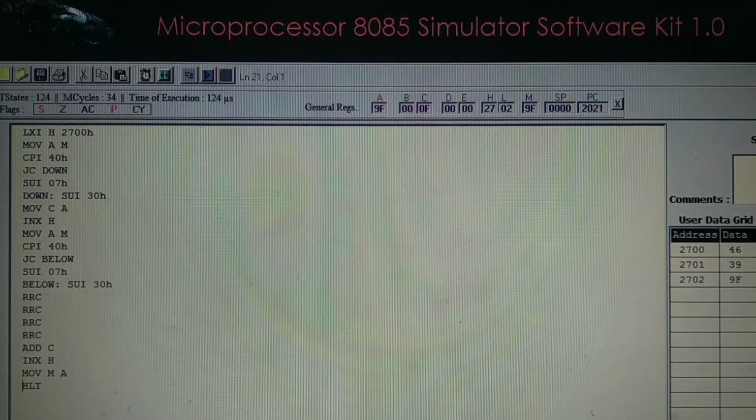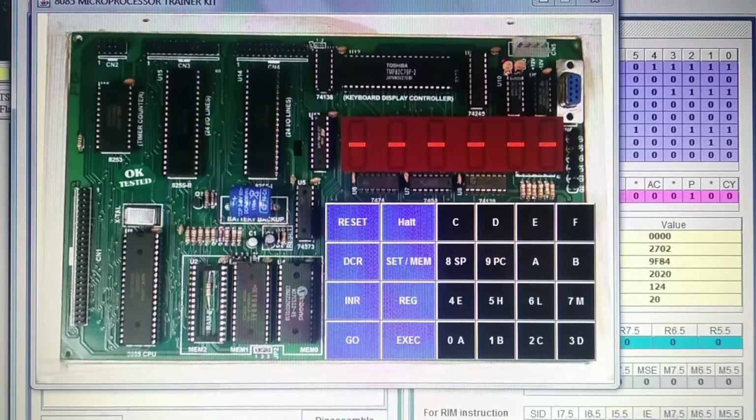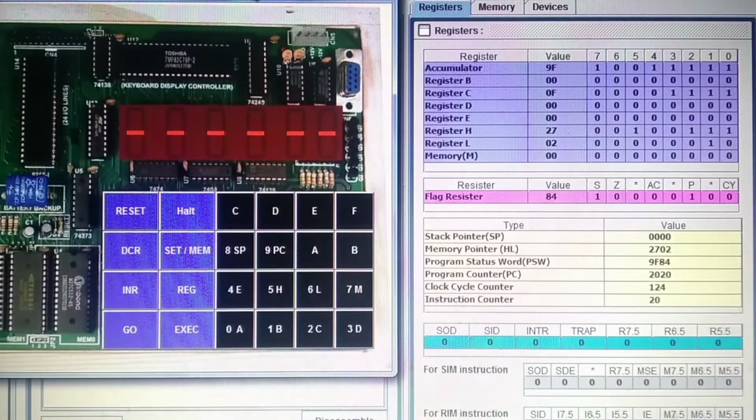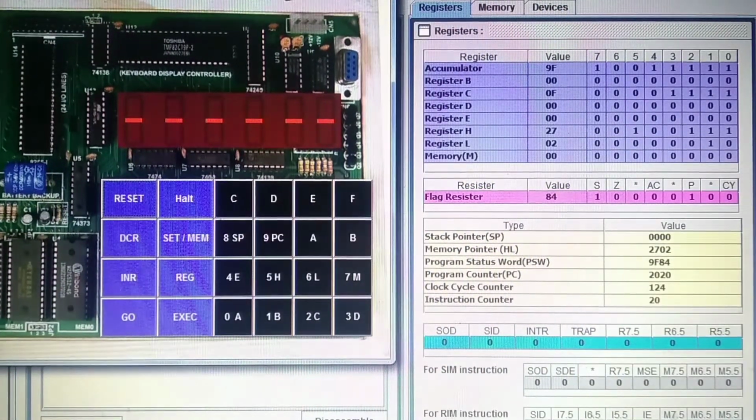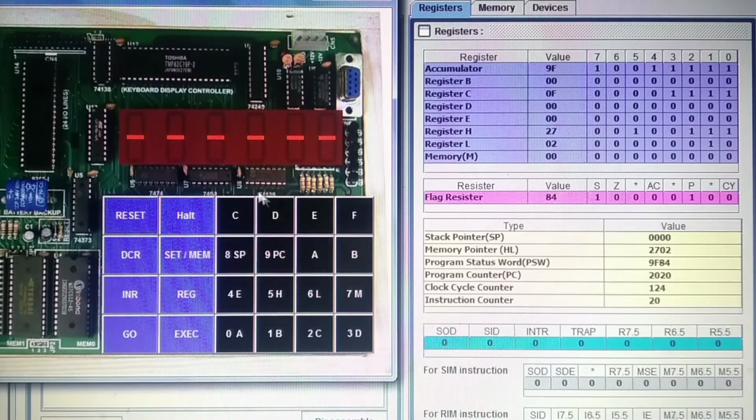The same program you have to execute on a different type of kit. Here you are getting a different type of kit. We are going to execute the same program. Here reset. The program is already entered, you only have to enter the data.